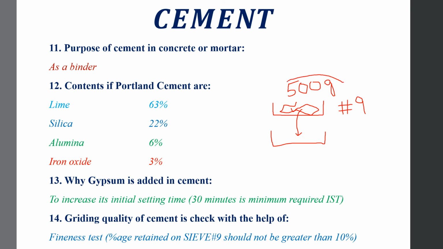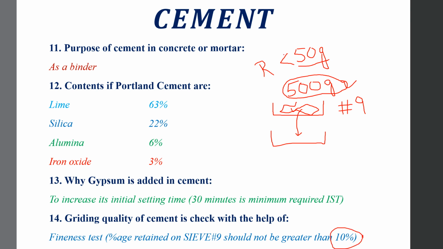If you are using 500 grams of sample, then the material retained on number 9 sieve must be less than 50 grams. Retained material on number 9 sieve from 500 gram of cement should be less than 50 grams. It means less than 10% of the total amount of cement.